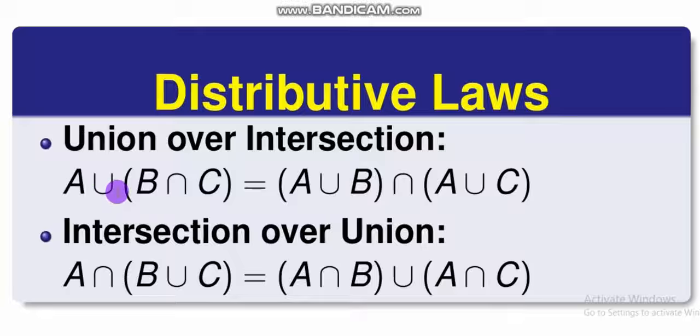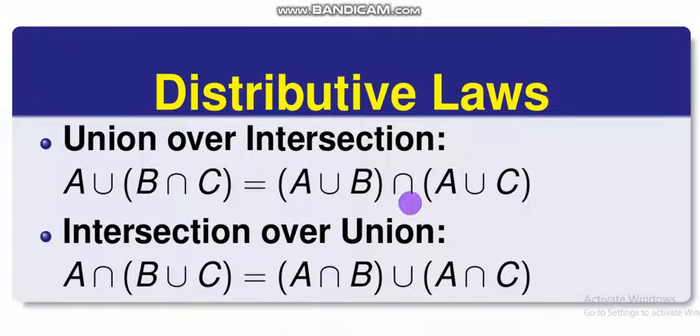So A union, open bracket, you see union over intersection, right? That is why they say union over intersection. A union, then B intersection C. I will open the bracket and say, this can be A union B in brackets, then A union C in brackets, then intersection in between them.